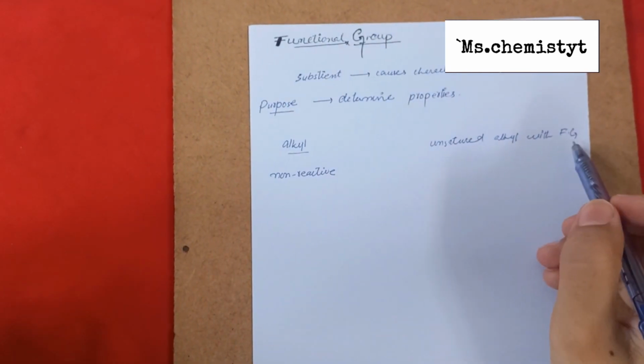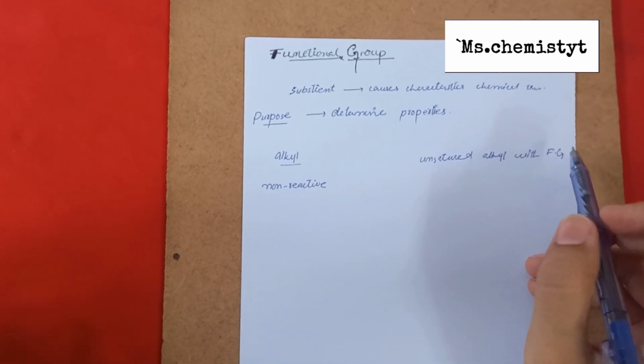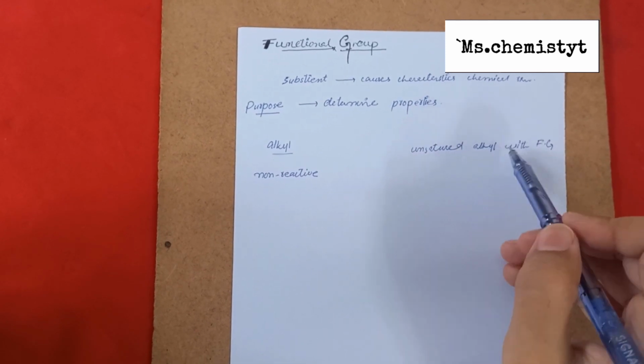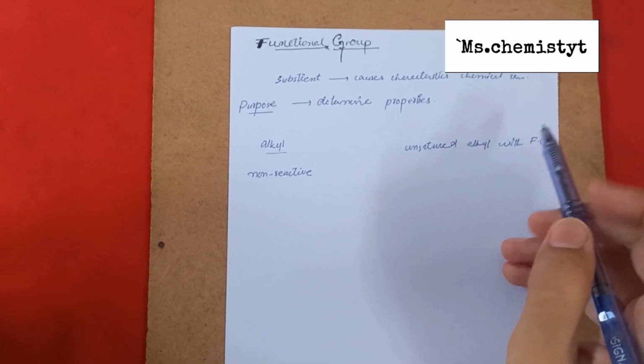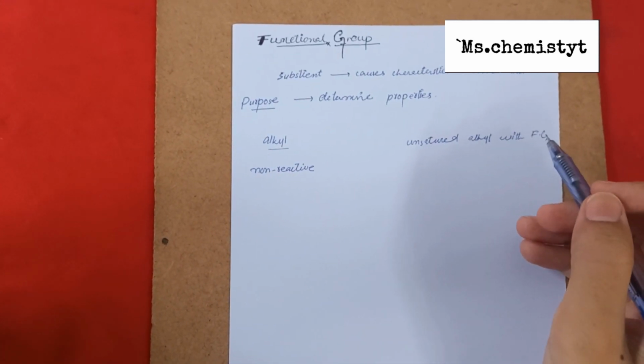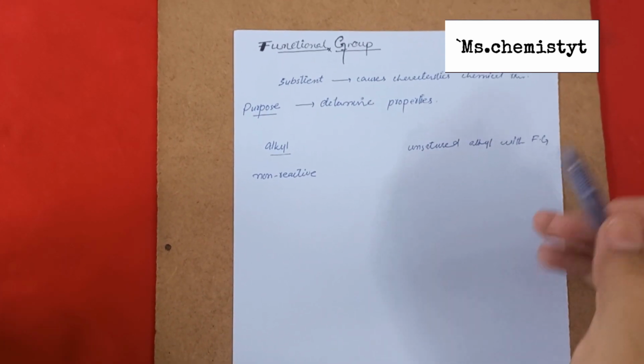Just because of the functional group, we can say the unsaturated alkyl group is more reactive, having higher reactivity and specificity.